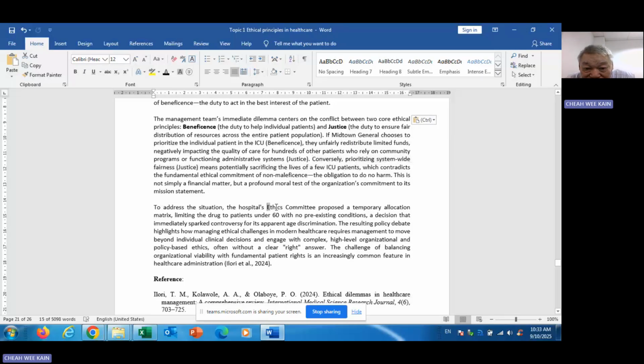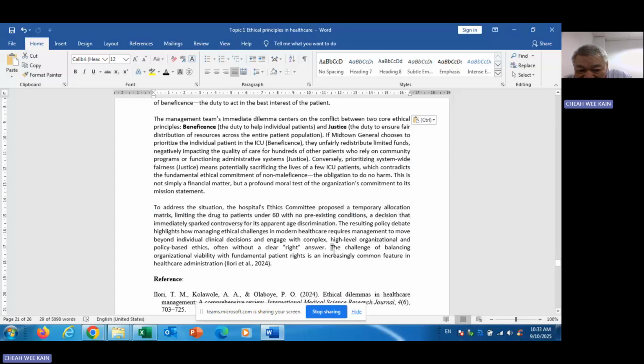So the ethics committee right now proposes a temporary allocation matrix limiting the drug to patients under 60 with no pre-existing condition, that is an immediate marker of apparent age discrimination. But anyway, the ethics committee says to do it halfway. Maybe we don't blow the budget of 2 million, but we don't buy all the drugs, we buy some of the drugs. So that's how it looks.